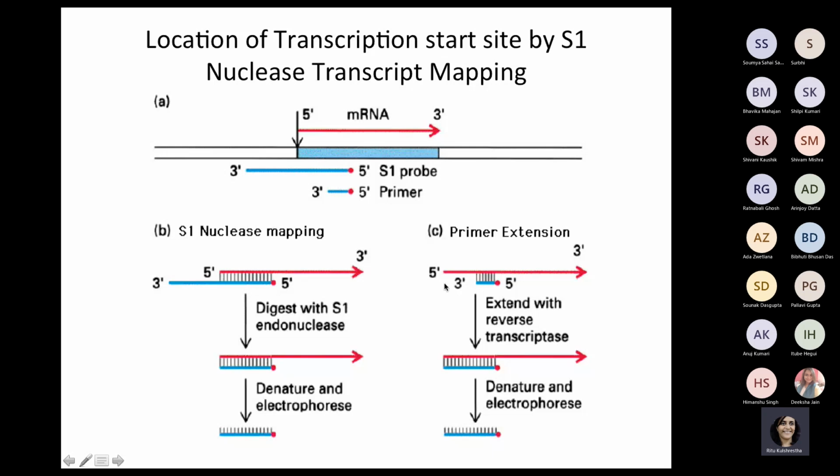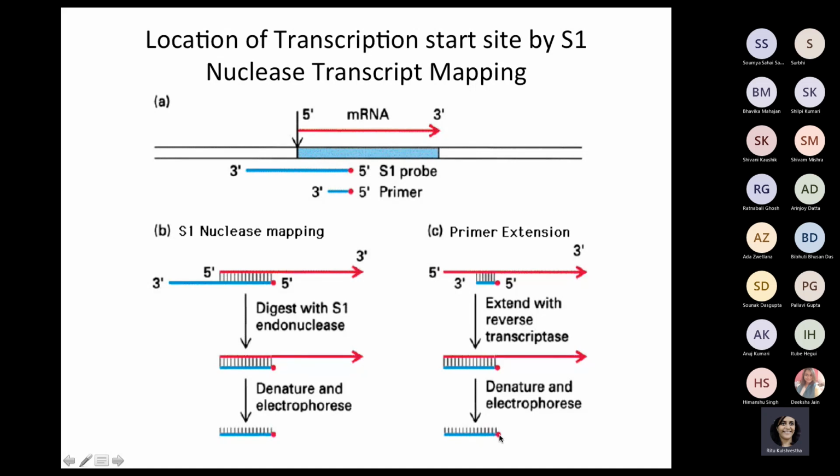It will go till the end of the transcript, and then you denature it and run it on a gel, alongside the sequencing done with this primer for each base. Once you run it alongside the sequencing gel, you can know its size, and then you can say, okay, this is my transcription start site.